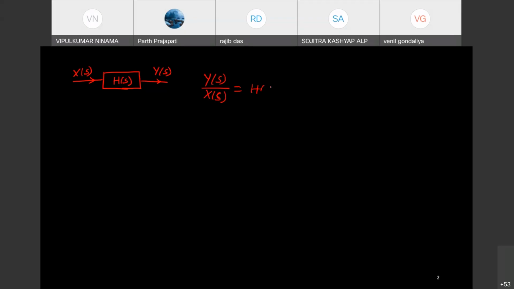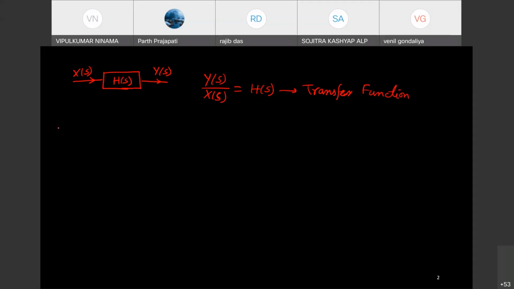That is your H of s. It is called the transfer function. And then we had taken a few examples of low pass filter, high pass filter, all those things.